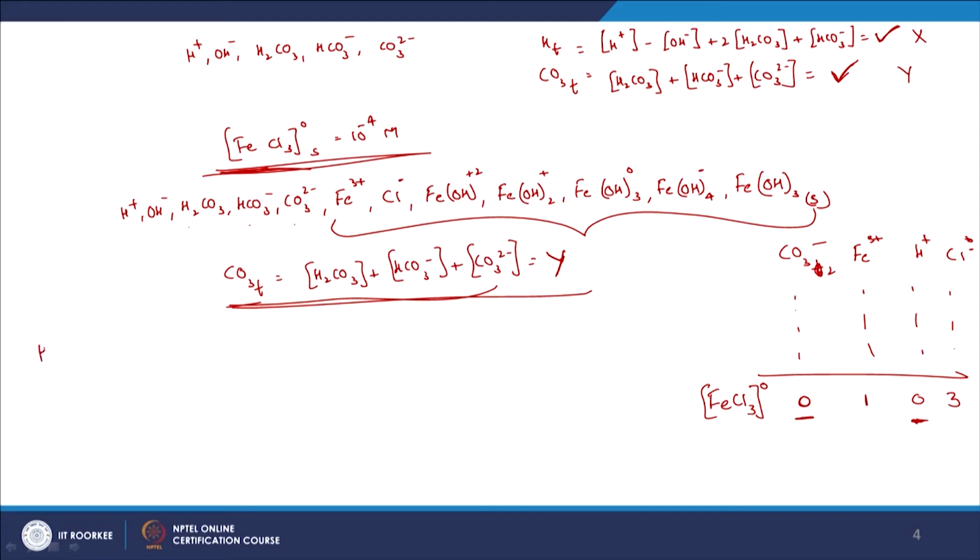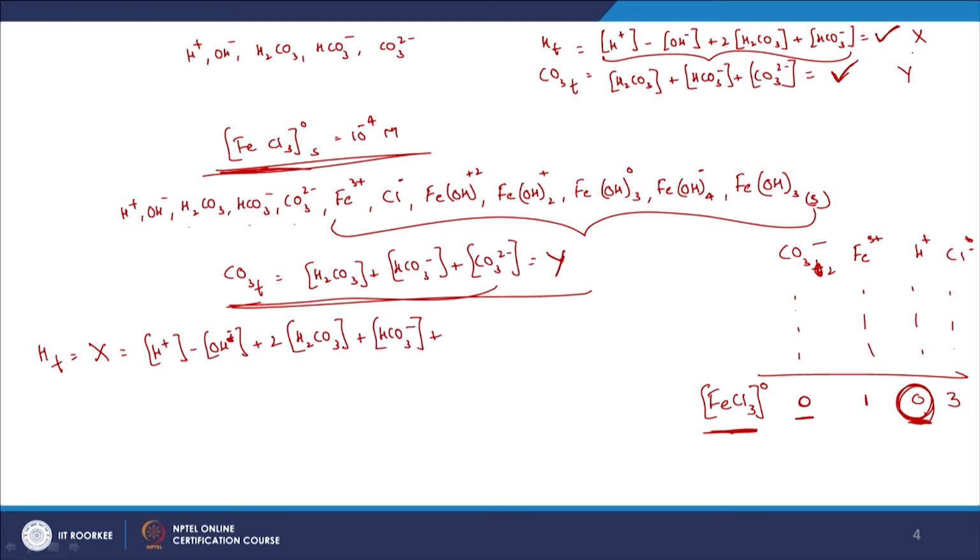But H total now is no more just equal to this particular set of variables though, right? But as you see, FeCl3 does not entail any increase or effect on H plus, it is still going to be equal to X, but the number of variables or species are going to change. And what are they? H plus minus OH minus, plus 2 times H2CO3 plus HCO3 minus, and plus the relevant species here. And what are they going to be equal to?